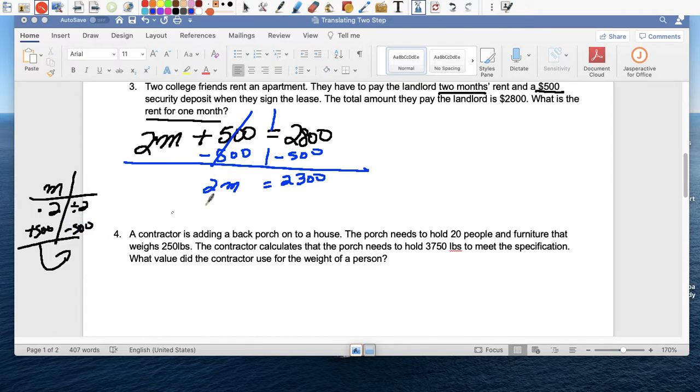Now we did minus 500 on both sides. We have to divide both sides by 2. And it's going to be 2,300 divided by 2, 1,150. So here is how much they pay per month: 1,150.